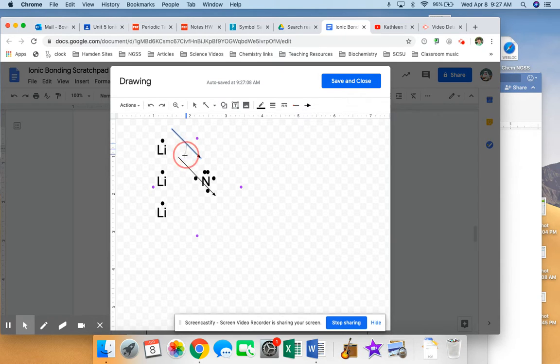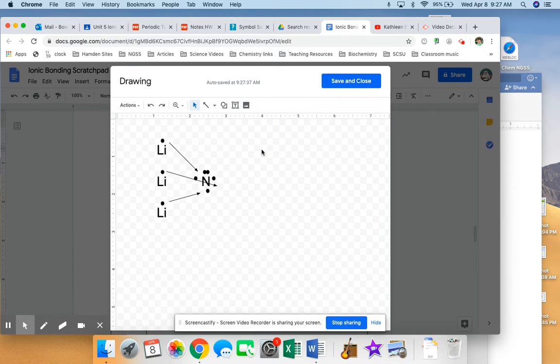Can I move the arrow? No, I can't move the arrow. One arrow there, one arrow to that side, and one arrow from here to that side. Get rid of this other little arrow.